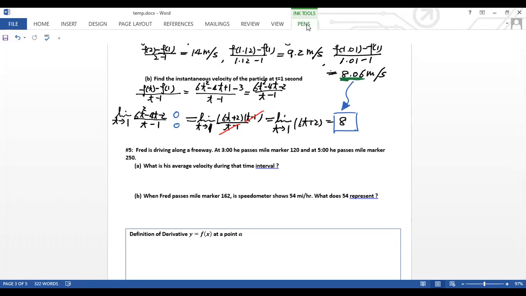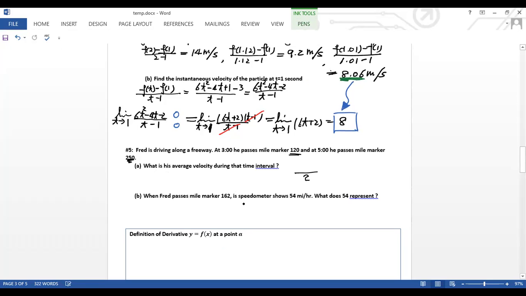Okay, so this one says Fred is driving along the highway. At 3 o'clock, he passes mile mark 120, and at 5 o'clock he is at mile mark 250. What is his average velocity? So from 3 o'clock to 5 o'clock, how many hours? 2 hours, right?